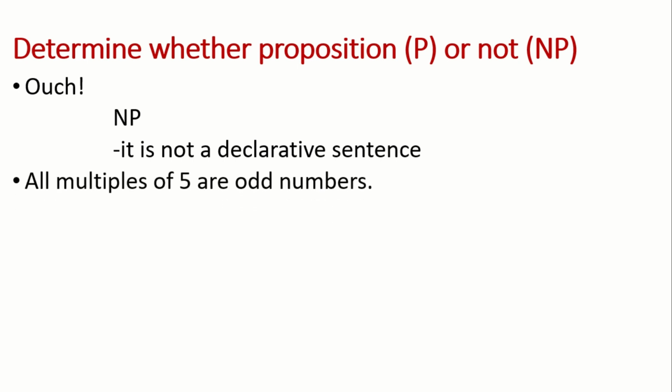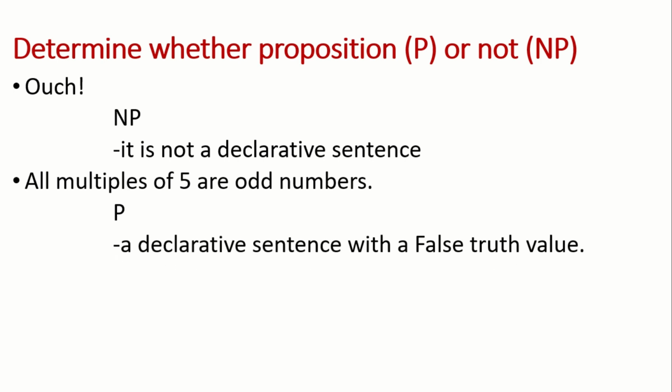All multiples of 5 are odd numbers. Okay, so we have 5, 10, 15, 20. So since we're talking about all, it means that the whole statement is false. So it is a proposition because it is a declarative sentence, but with a false truth value.